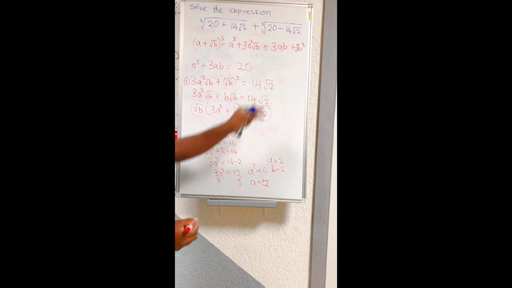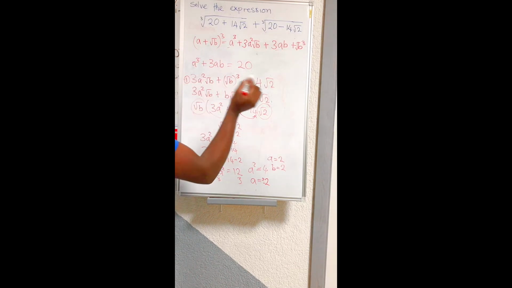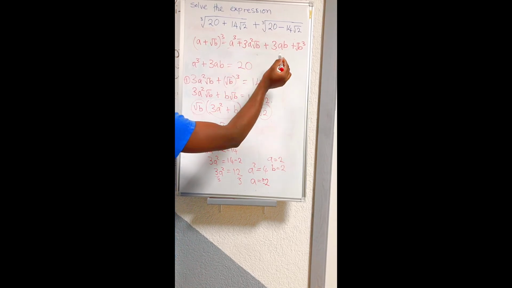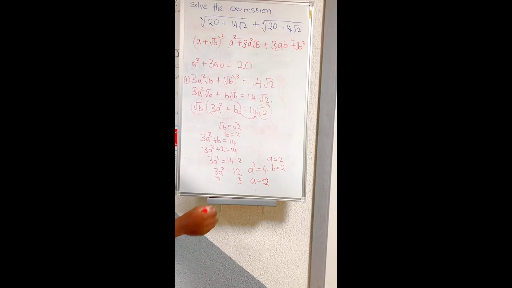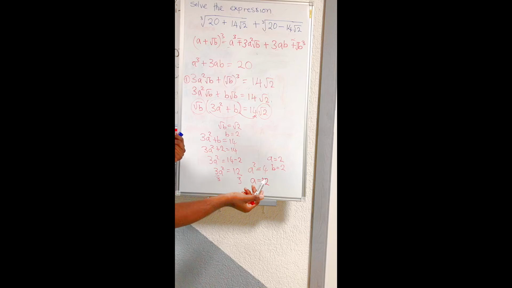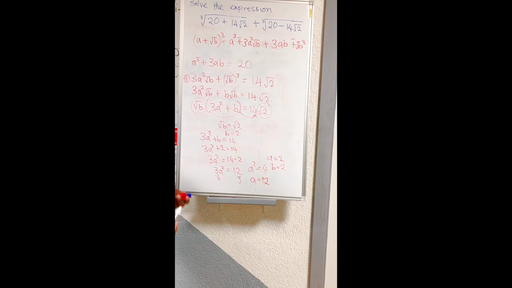If you do the same procedure for this side, except that this time here you have a minus on top, and here you have a minus, the answer will still give you a is either 2 or minus 2, and b is equal to plus or minus 2.